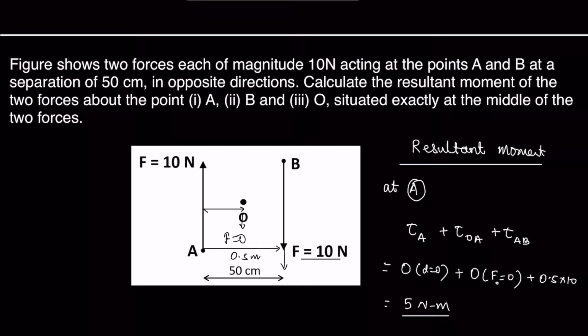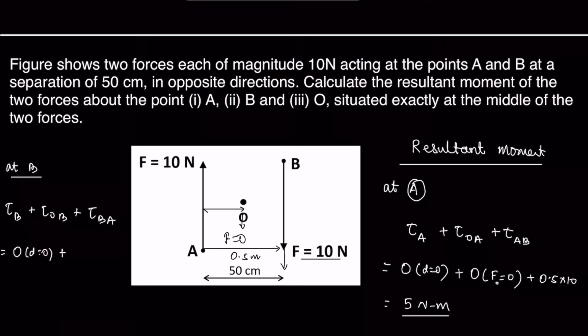Similarly, at point B, the force is acting at the same point B. So in this case, D is 0. So we can write the resultant moment at B as torque at B, torque at OB, and torque at BA. So torque at B is 0 because D is here 0.